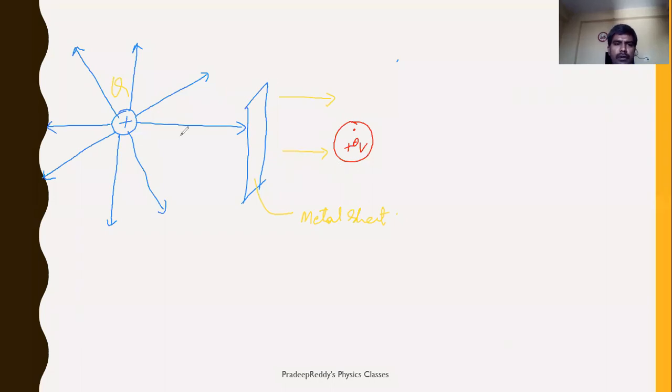The field of this positive charge must be permitted by this metallic sheet in such a way that the test charge will experience a repulsive force from the capital Q charge. Suppose this sheet is not allowing electric field to pass, the test charge will not experience any force, is it not?